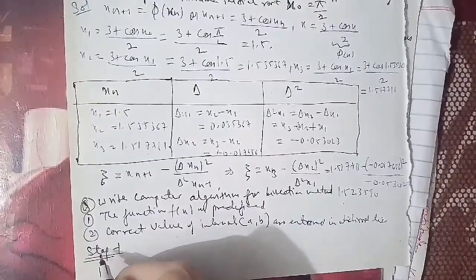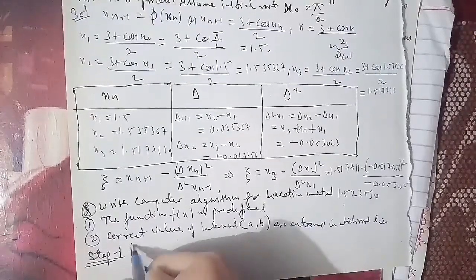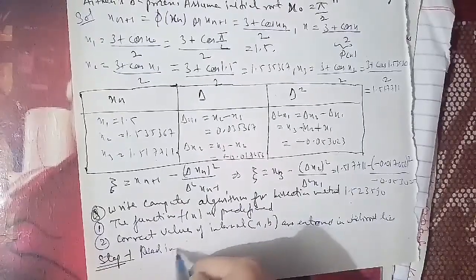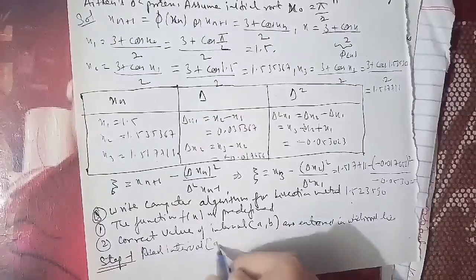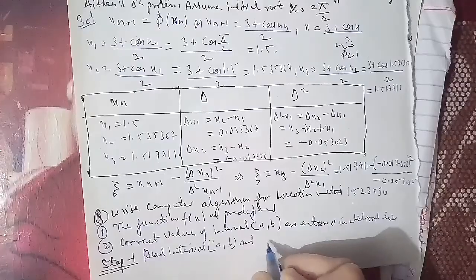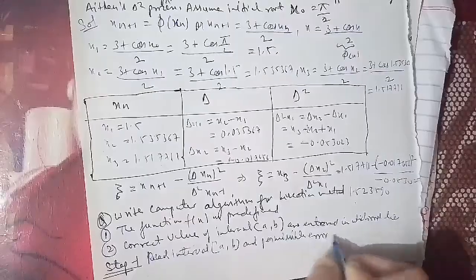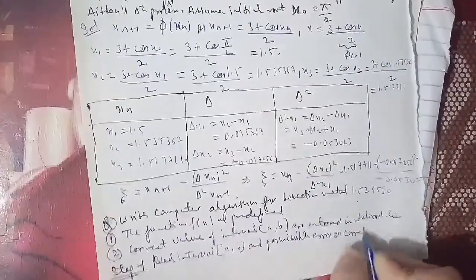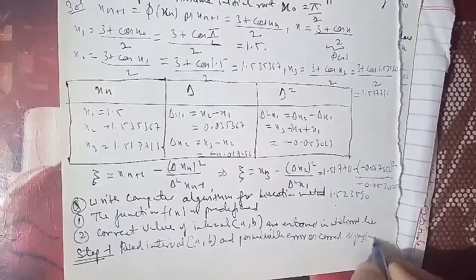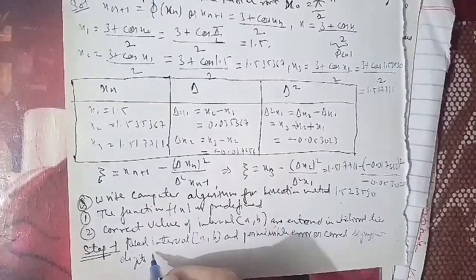So the first step is, read interval a comma b and permissible error or correct significant digits after decimal point.